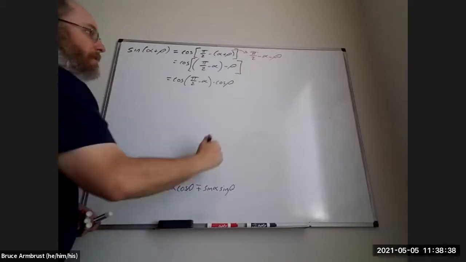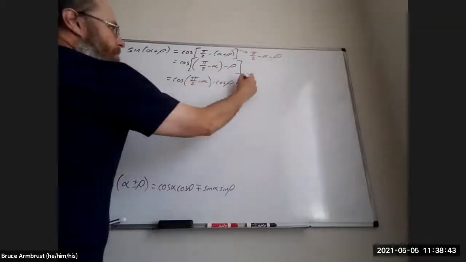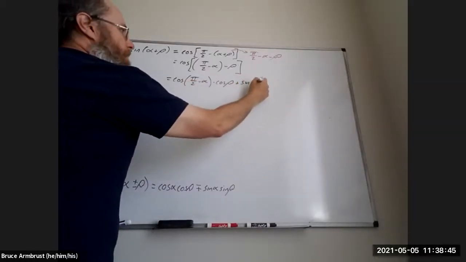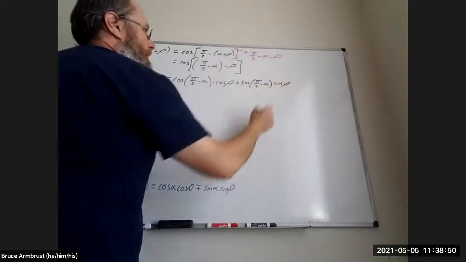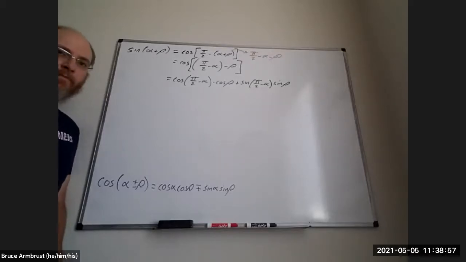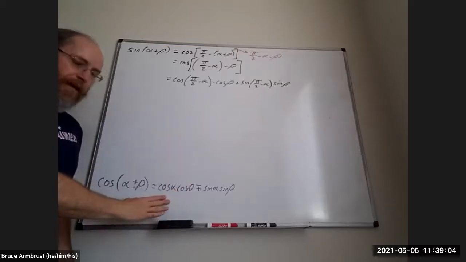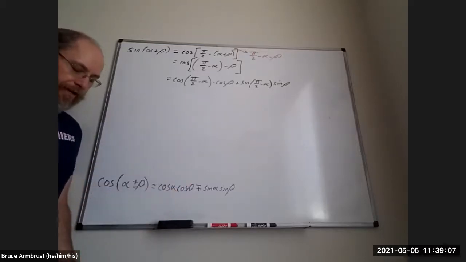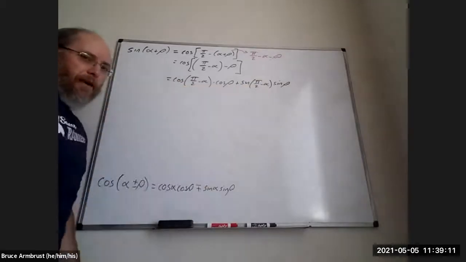And then I'm going to have a plus, because it's the opposite sign, plus the sine of those two things: sine of pi over 2 minus alpha, sine of beta. All right, so it's definitely starting to look more like the cosine identity. But I still have all this pi over 2 minus alpha stuff in there.